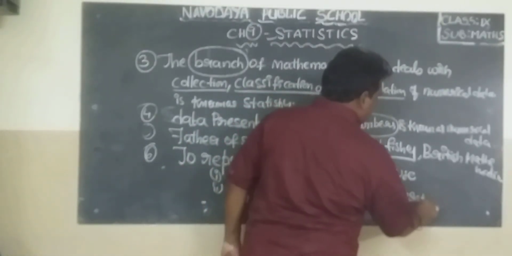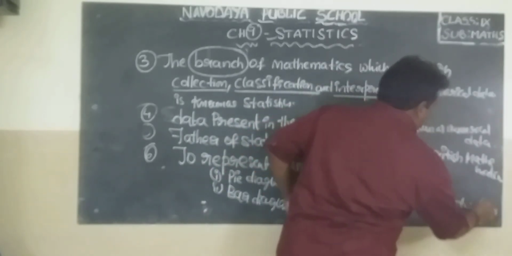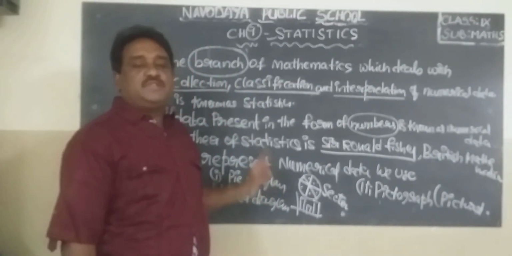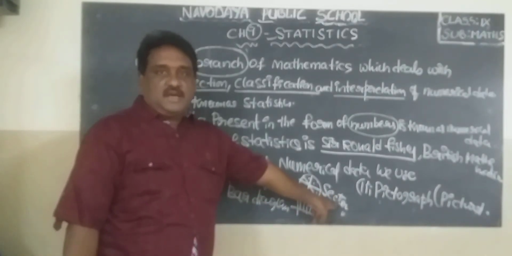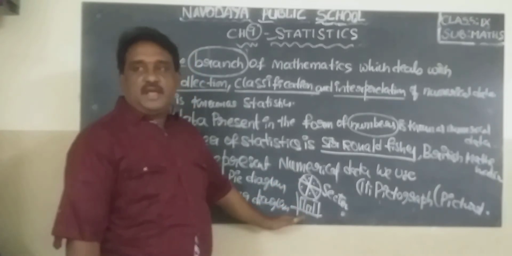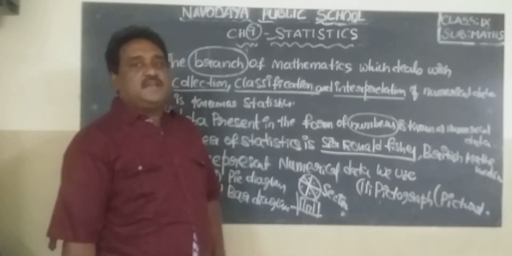Pictograph means it consists of pictures. So, to represent numerical data, we use number one, pie diagram, which consists of sectors. Number 2, bar diagram, which consists of rectangles. Number 3, pictograph, which consists of pictures.